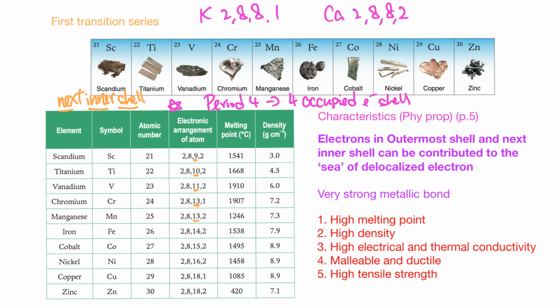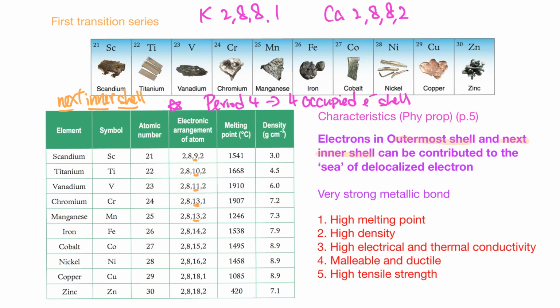Normally the electrons in the outermost shell will be loose, as delocalized electrons. But transition elements are special. They have electrons in the outermost shell and also the next inner shell.